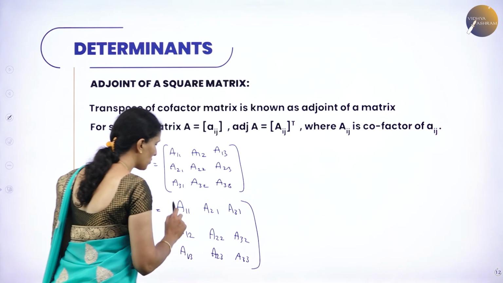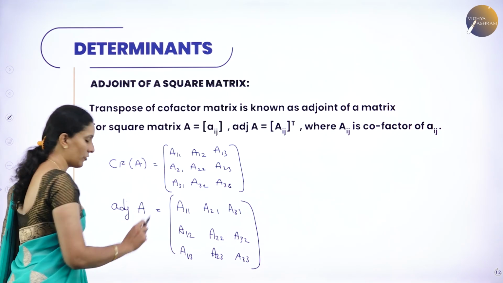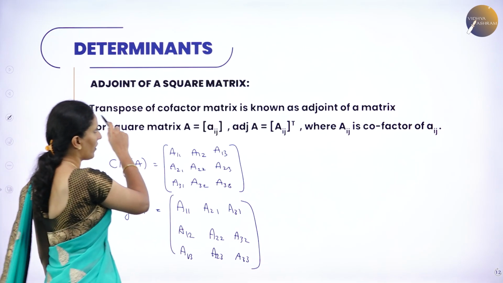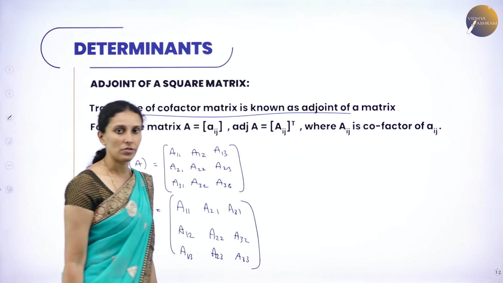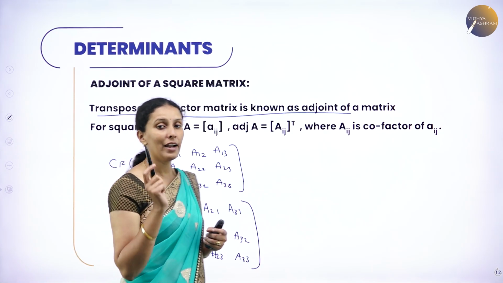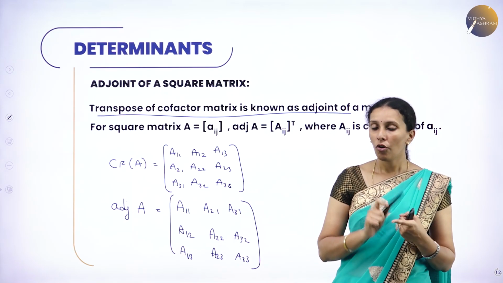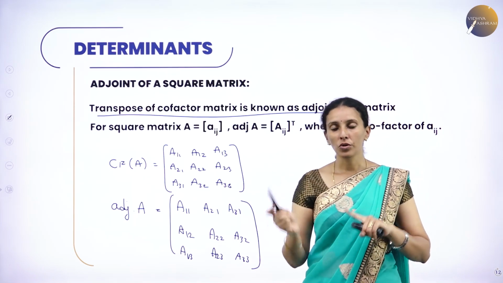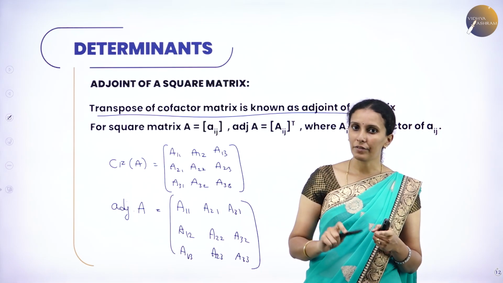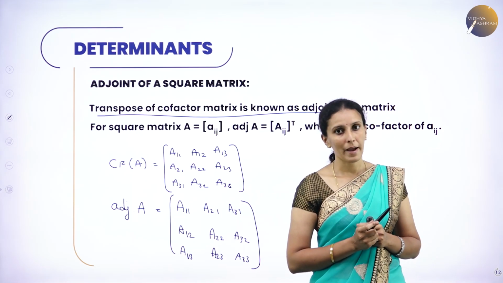That is, the transpose of the cofactor matrix is nothing but the adjoint of matrix A. Therefore, to find the adjoint of a matrix, you should know the concepts of minor, cofactor, and how to write those cofactors in a matrix, and after that, transpose it, and you will get the adjoint of a matrix.